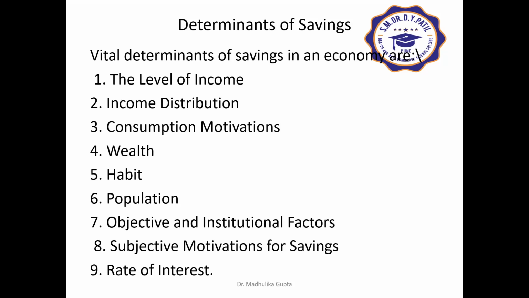However, the amount of personal savings depends primarily on disposable income. Thus, the saving income ratio, that is S divided by Y, tends to rise with an increase in income. Agree with me?